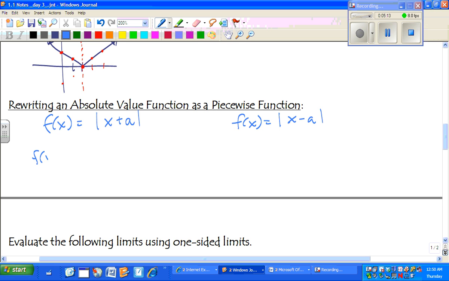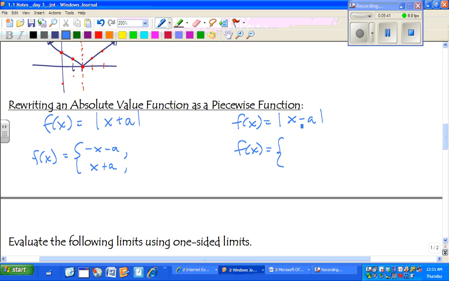We can rewrite these as piecewise functions. For this one, x plus a, on the left side, the first part is always going to be the opposite of this. So it's going to be negative x minus a. The right side is just going to be what's inside the absolute value. It's going to be x plus a.